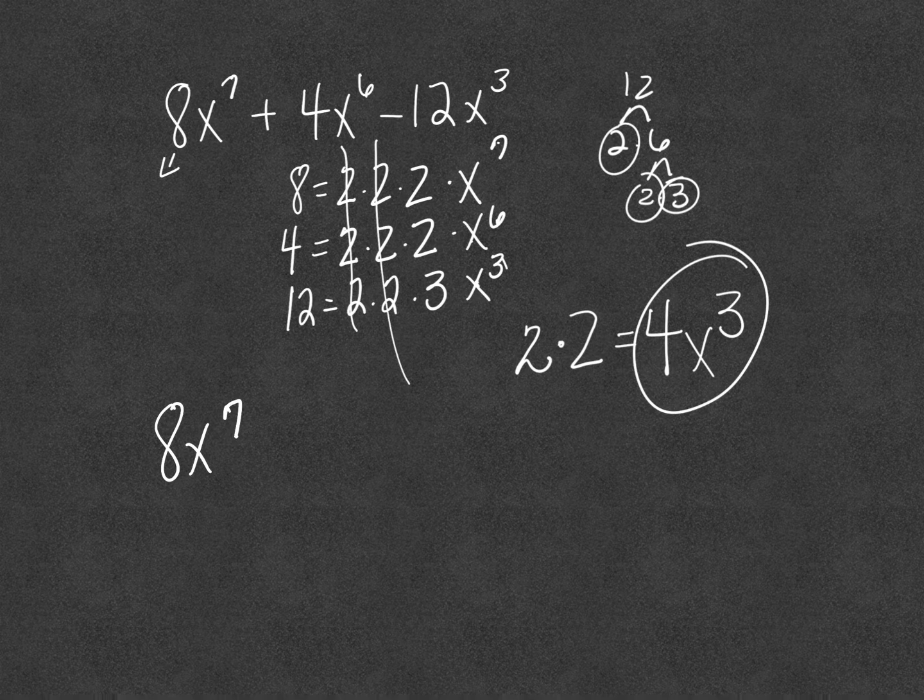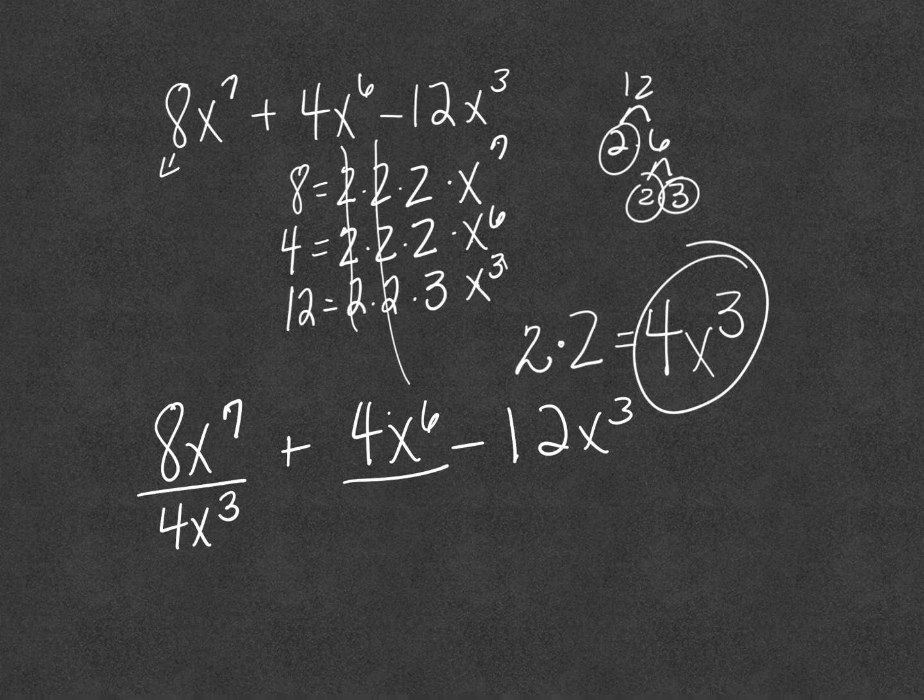8x to the 7th plus 4x to the 6th minus 12x to the 3rd. I'm going to divide it by 4x to the 3rd and divide by 4x to the 3rd. Okay? Now, 8 divided by 4 is 2.